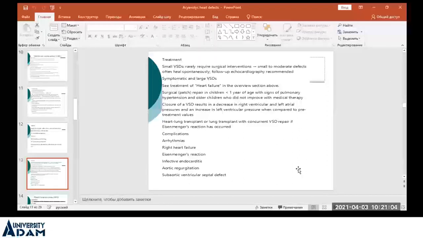Closure of ventricular septal defects results in a decrease in right ventricular and left atrial pressures and an increase in left ventricular pressure when compared to pre-treatment values.